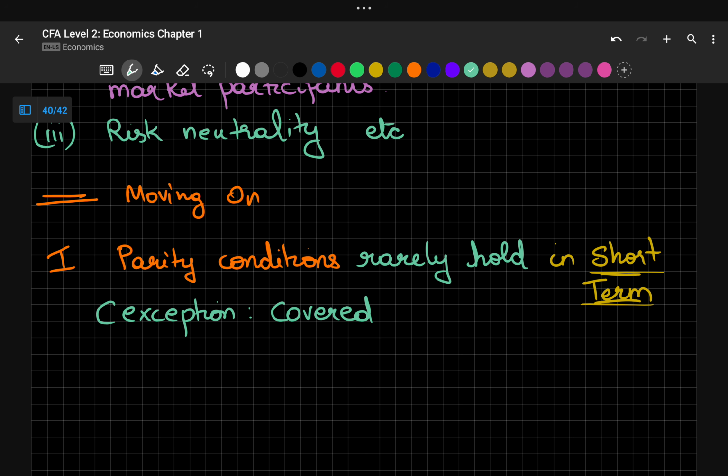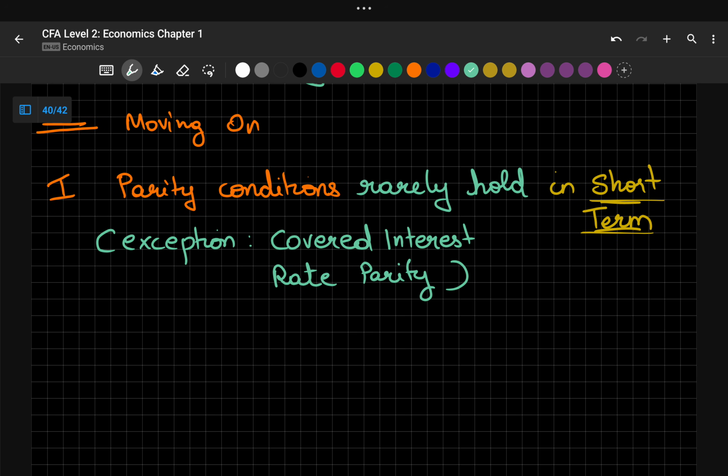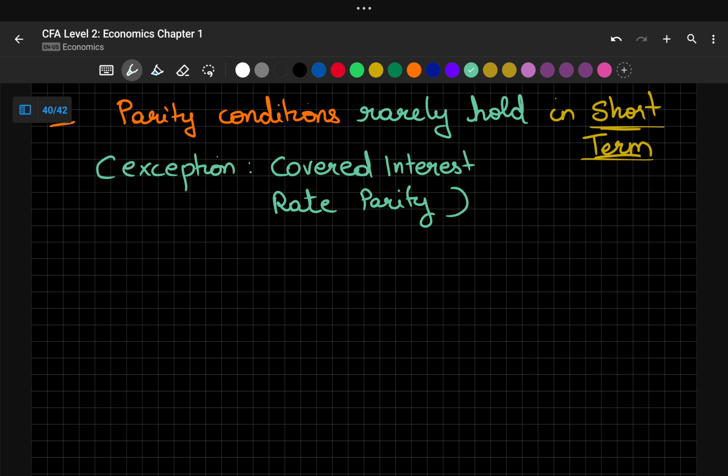Hence, it would hold in the short term in the case of covered interest rate parity. Otherwise, for the other four parity conditions, these don't hold in the short term and only hold in the long run.